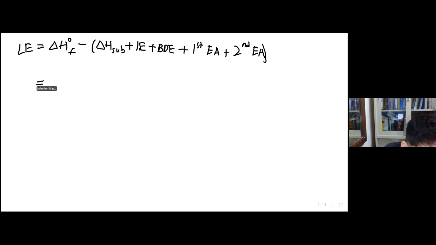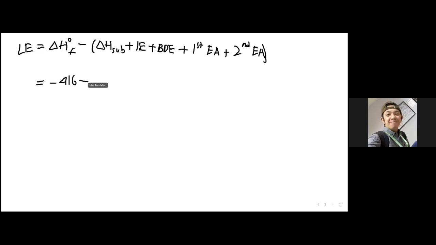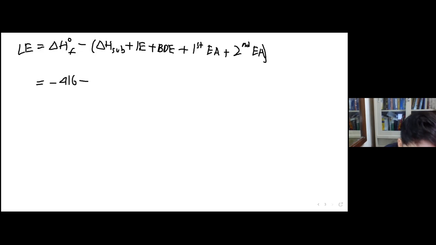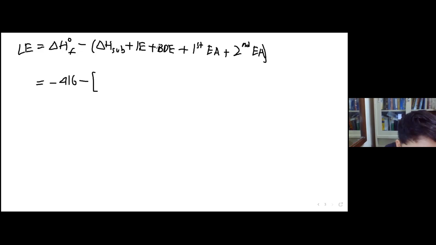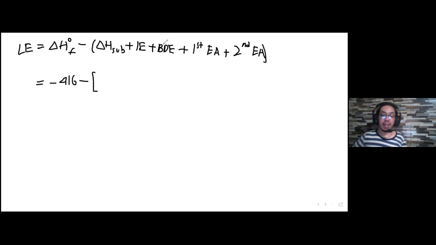Equals negative 416. Okay, good. So there will be some variances here. Usually the energy values here are expressed in what unit? Kilojoules per mole. Very good. So please be guided with the units, Joshua. If ever you're given a different value or a different unit for energy, you need to convert that first so that you'll have smooth calculations for energy.